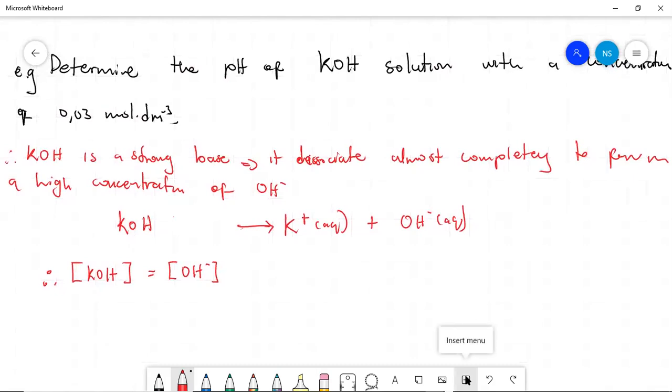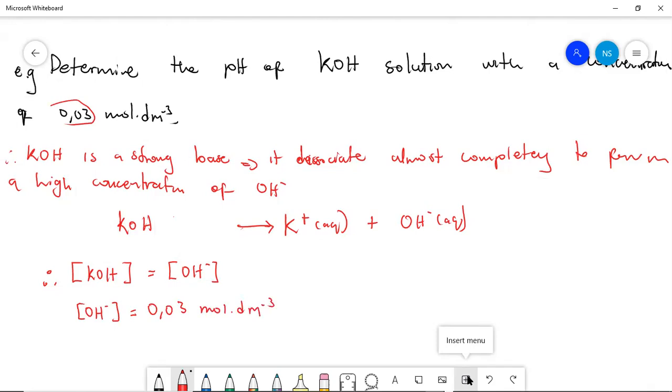From the information that we're given, the concentration of KOH is equal to the concentration of OH minus. This means that the concentration of OH minus is given by the concentration of the KOH. And what is the concentration of KOH? It's 0.03, so the concentration of OH minus is 0.03 mole per dm cubed, right?